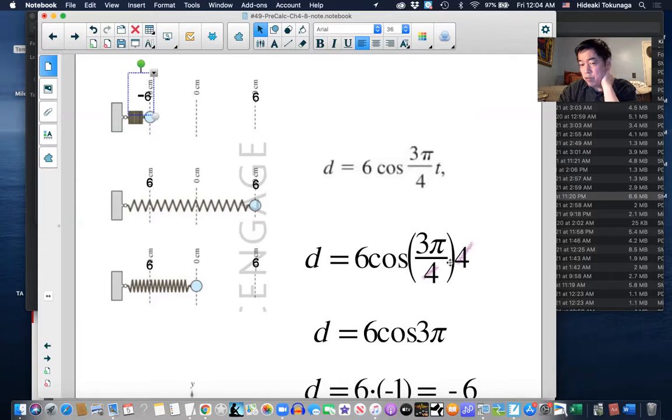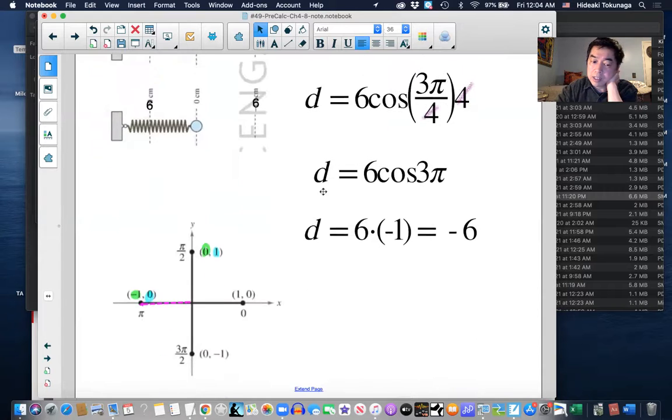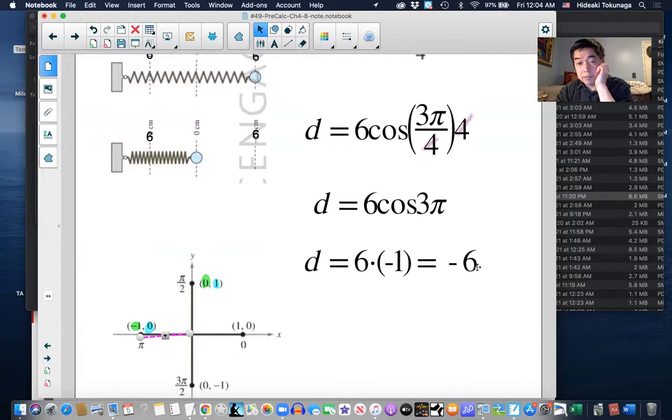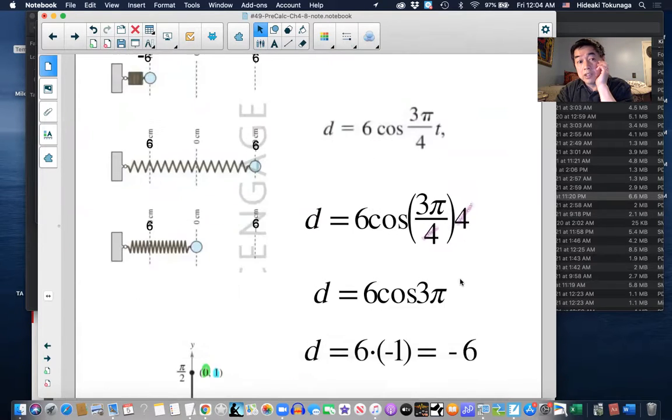So 4 and 4 cancel, so it's going to be 3 pi. Cosine 3 pi is what? If you look at the unit circle, cosine 3 pi. So this is 1 pi, 2 pi, 3 pi. It's going to be right here. Cosine is the x value, so it's going to be -1. 6 times -1 is -6. Just remember this value. This is question C.